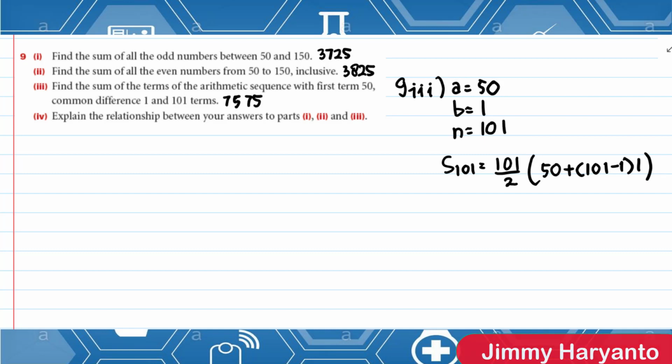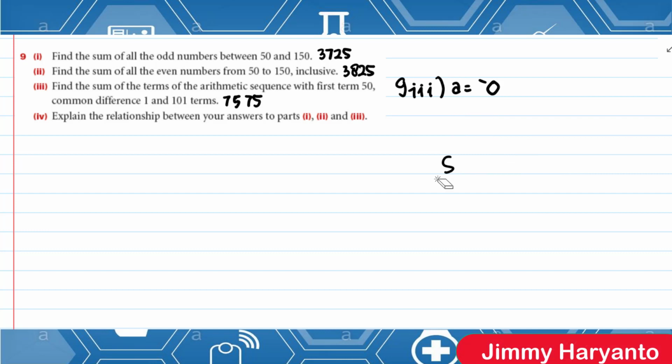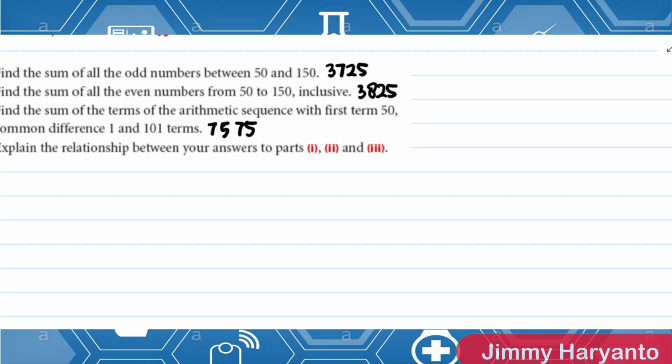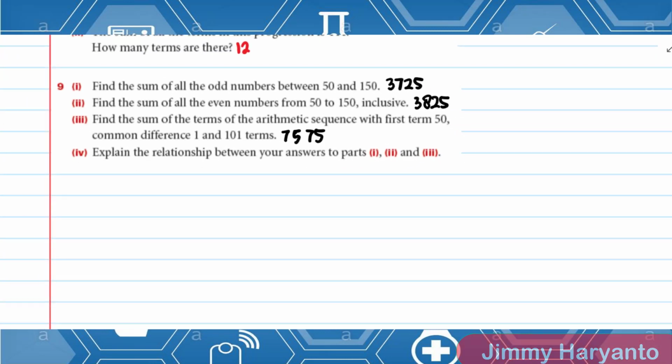So what is the relationship between i, ii and iii? What is the result? The relationship. So I got this relationship, yeah, when we add 3725 and 3825, I will get 7550.